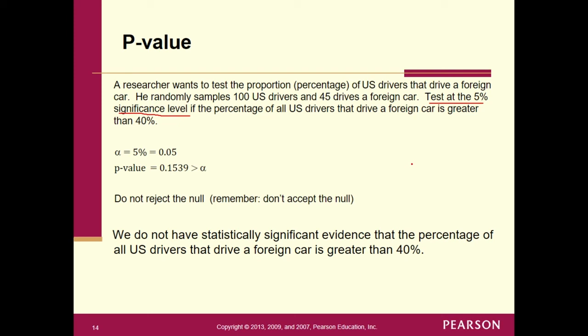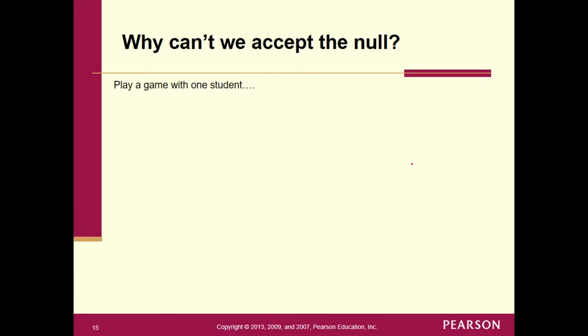I don't want you to get all tied up that I got to get all these words in here. If you get the main point across that we either do or do not have strong evidence that whatever's in the alternative hypothesis, that's what we're looking for.